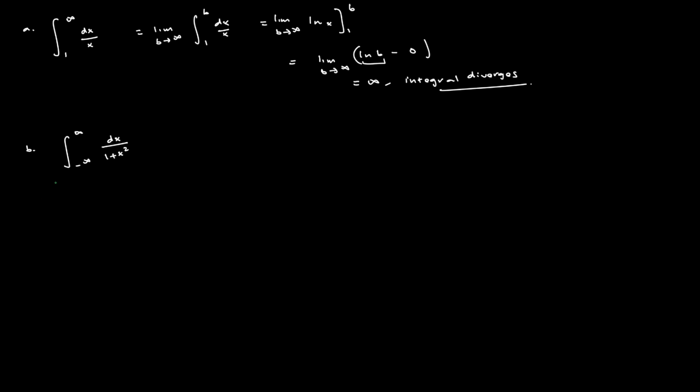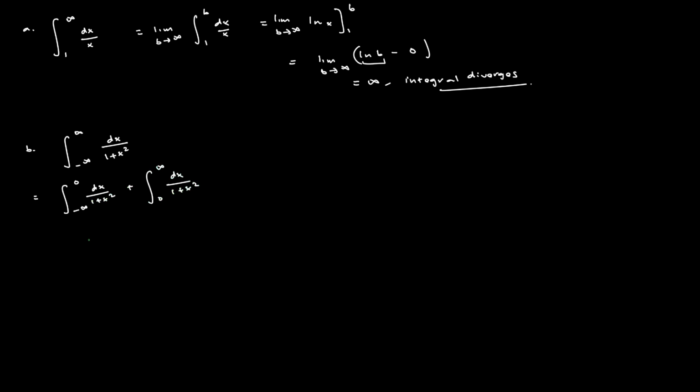We're going to split this into the integral from negative infinity to 0, let's just use 0, because the integral of this is tan inverse, and tan inverse of 0 is just 0, plus the integral from 0 to infinity of dx divided by 1 plus x squared.